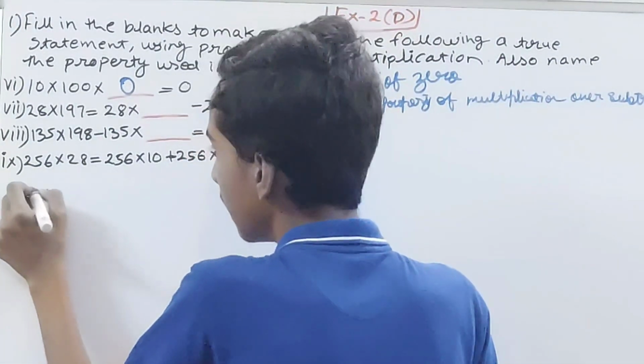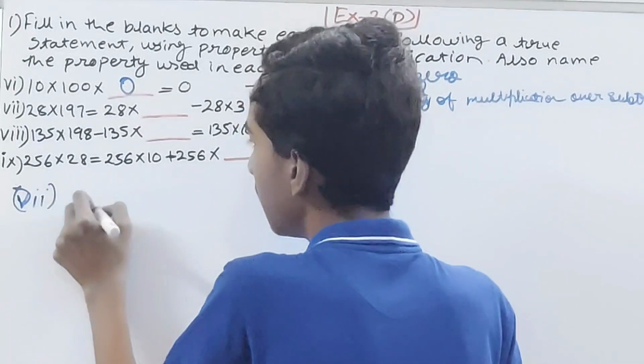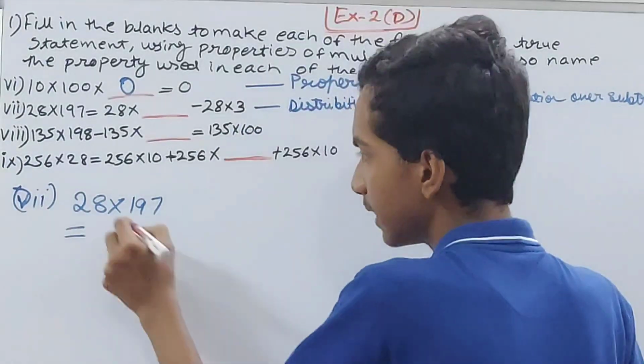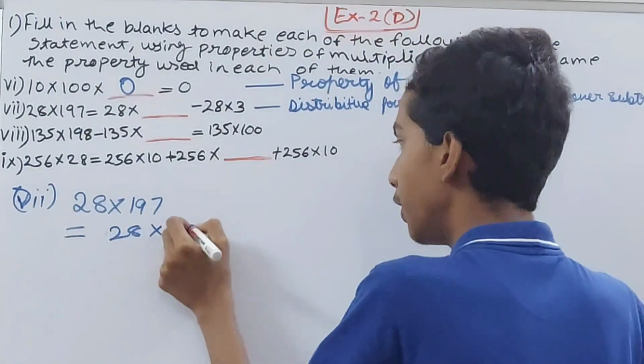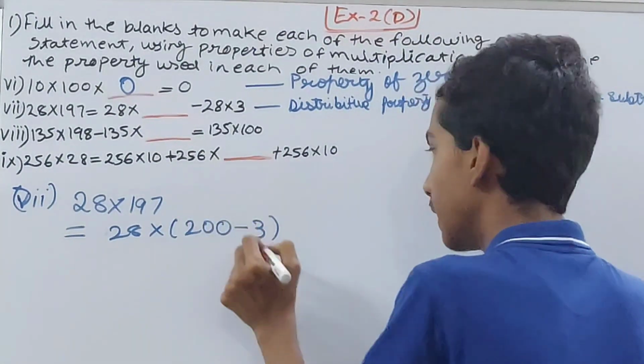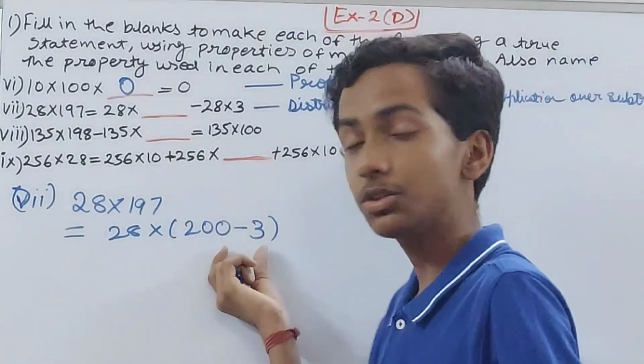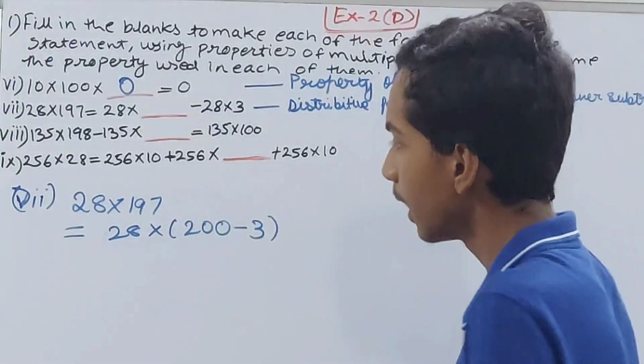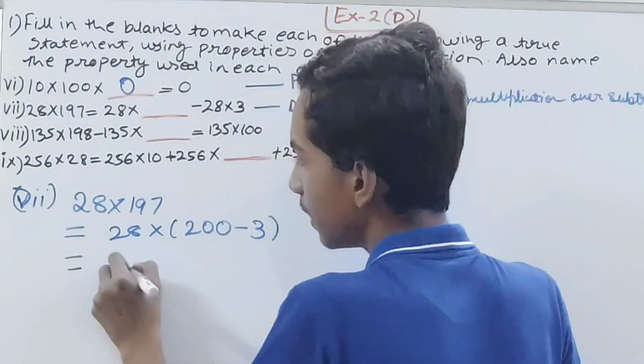Now see, in the seventh part you have 28 into 197. This you can break down to make it simple: 28 into 200 minus 3, right? Again, no value has been changed, only this 200 minus 3 has been written in place of 197. It is the same thing. So this can be taken as 28.